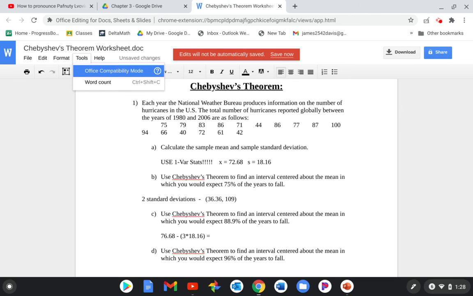Figure out what that equals. It gives me 18.2. And then do the same with a plus and calculate it there. So our interval is going to be 18.2, comma, change it to a plus sign, and we get 127.16.